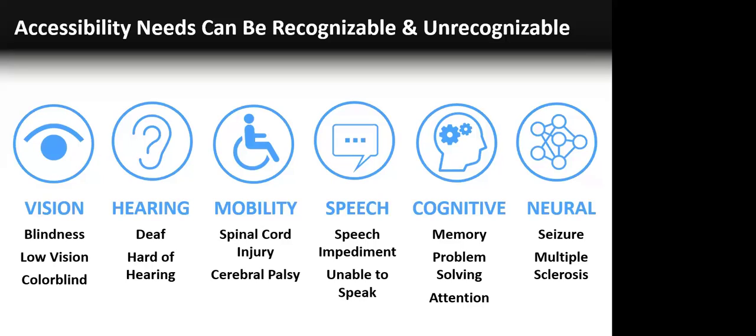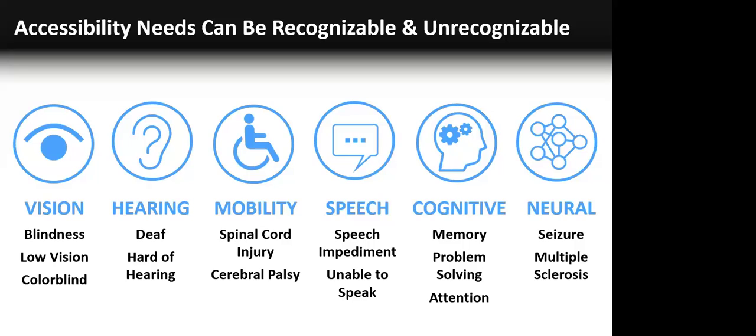There could also be speech impediments or just being unable to speak. Could be cognitive disorders, attention deficit, dyslexia, memory, problem solving, attention. And it could be even other neural disorders, like someone who has seizures or MS, something like that.